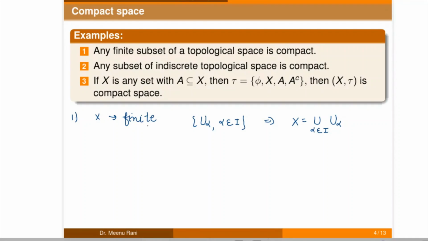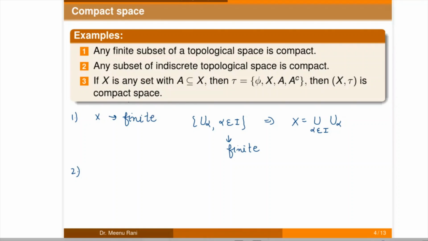So if X is itself finite, then this collection will also be finite. So we can say that if we take any open cover of X, then it reduces to a finite subcover of X. So we can say that X is a compact space.